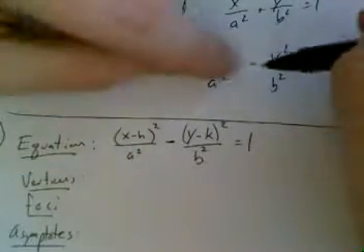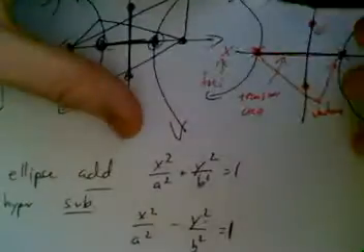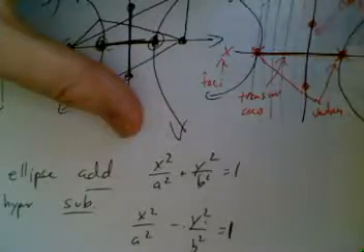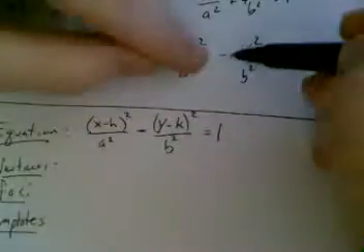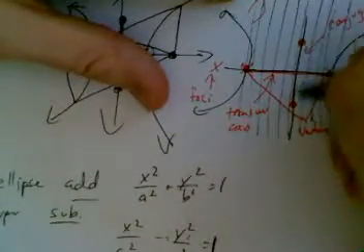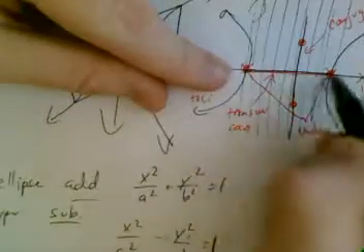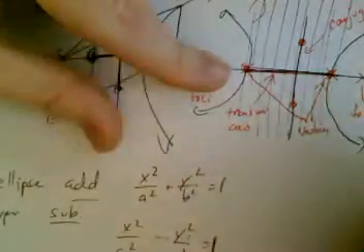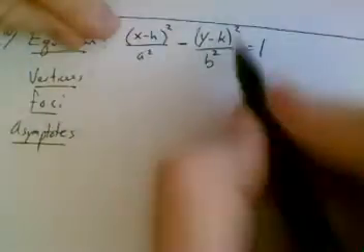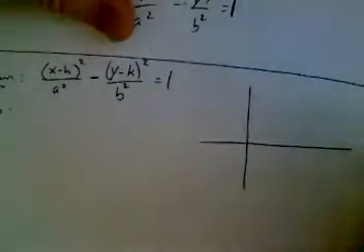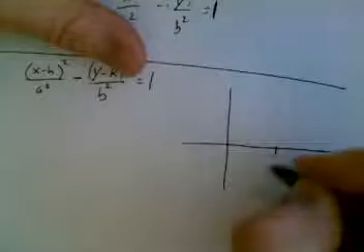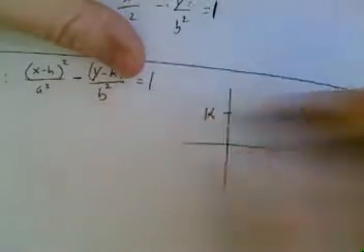Which makes sense that if my negative is on the y, it's in the y direction that I have all this empty space that's unused. Again, if my negative is with the y, then my conjugate axis will be vertical and my transverse axis will be based on the x-axis. So with this particular equation, I'm going to draw it to the best of my ability such that I go over h and then up k.